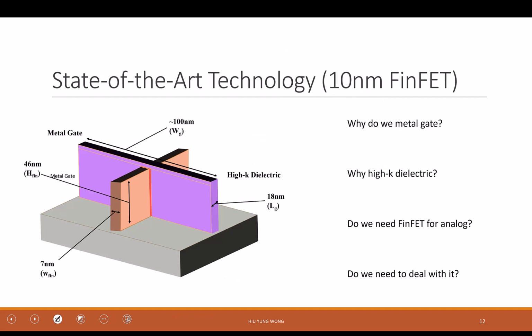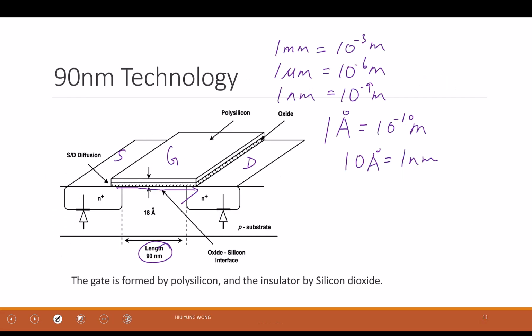We actually have a fin. This is the fin. And this is source, this is drain. And this is the gate. Now, what is a transistor? Just like the water pipe analogy, it's just like a water pipe. And then you use your hands to squeeze it, to pinch it off, so that you turn the current on and off.